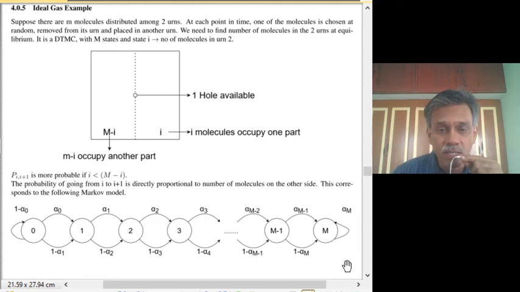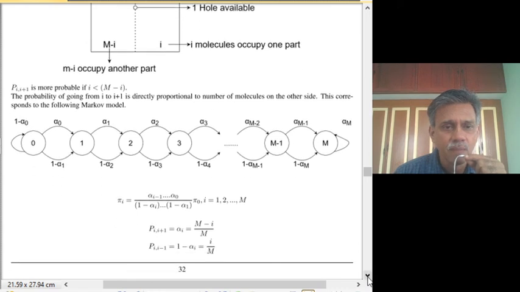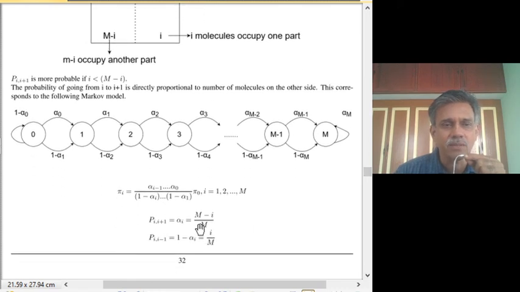And for this model, how do we figure out alpha I? This is based on physical reasoning, by understanding the problem. So the probability of I plus 1, which we called alpha I, is m minus I by m, and the probability of I minus 1, which is 1 minus alpha I, is I by m.